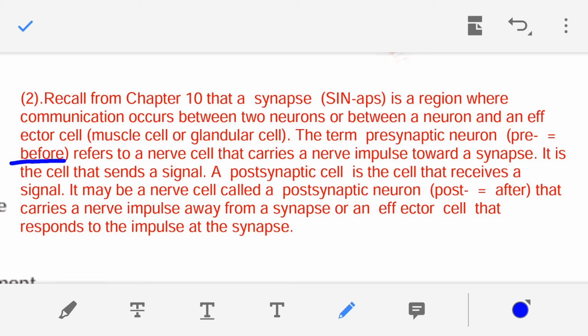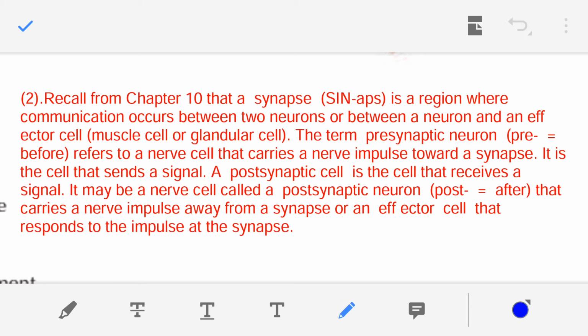So a presynaptic neuron is a neuron which is carrying the nerve impulse in the direction of the synapse. It is sending the nerve impulse toward the synapse. The presynaptic neuron is a cell that sends a signal.